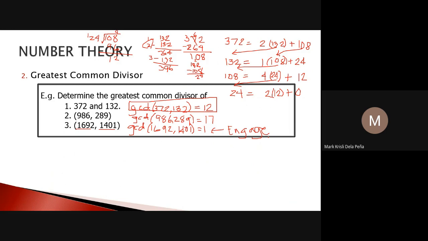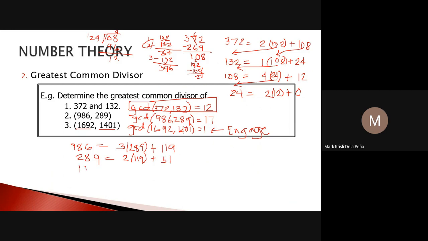For number 2, the solution is this one. I'll just be writing the solution. So 986 is equal to 289 times a quotient of 3 plus the remainder. Kindly check if I have the correct answer. Next, 289 is equal to a quotient multiplied by 119, so that is 2, plus the remainder, which is 51.